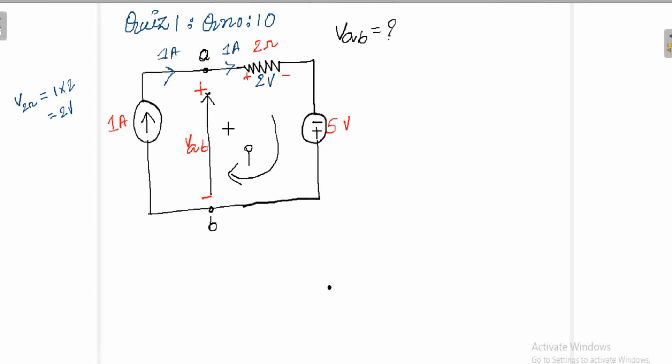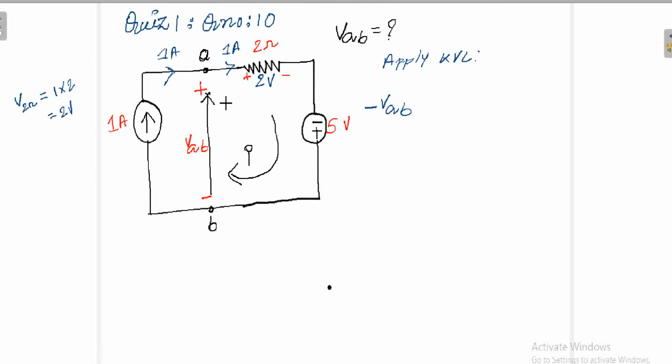Now let us apply KVL to this section. By applying the KVL, this is your current I. It is towards the negative polarity of your VAB, so right here minus VAB.